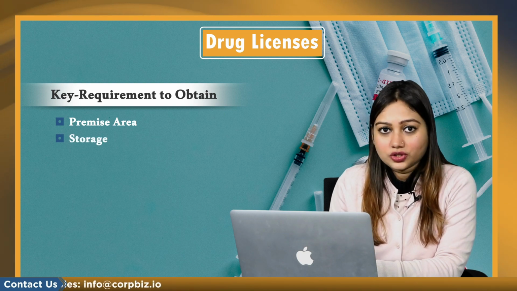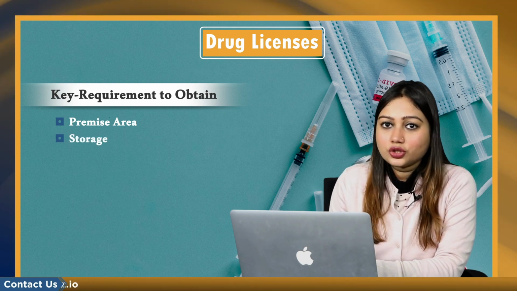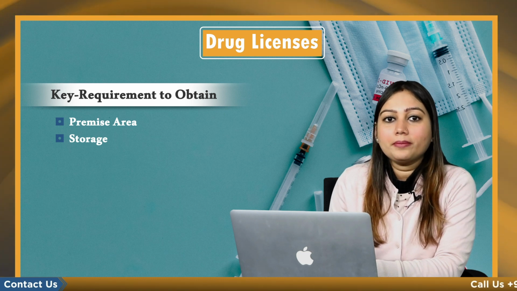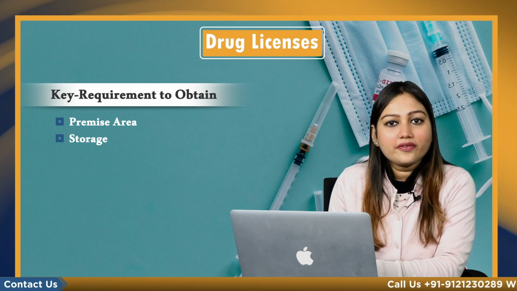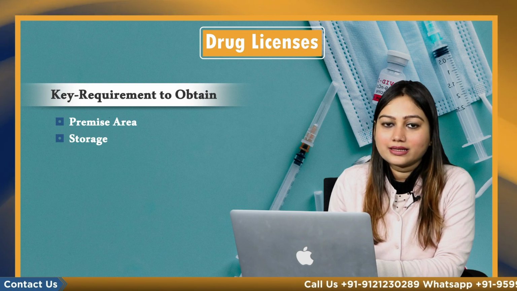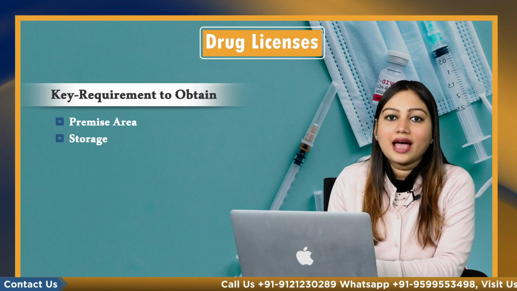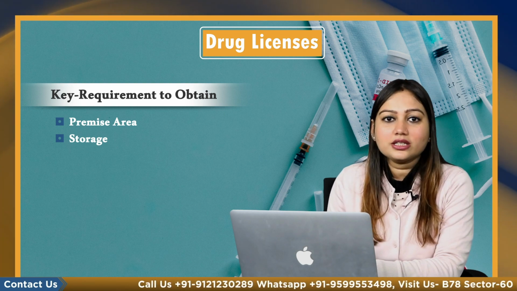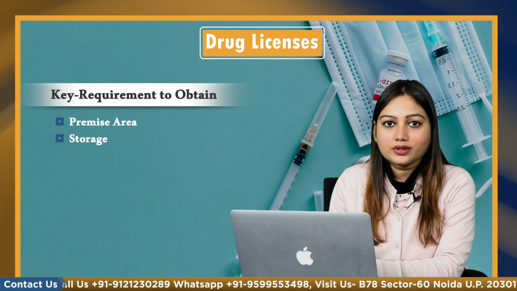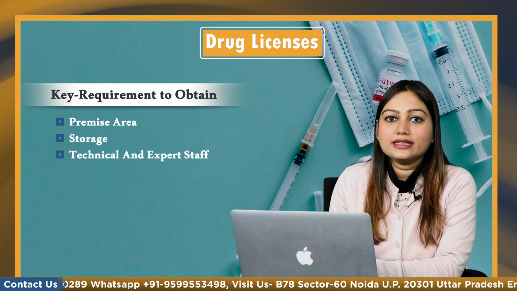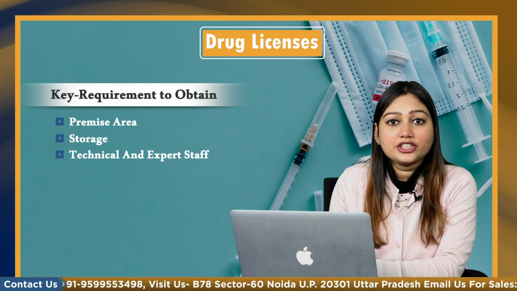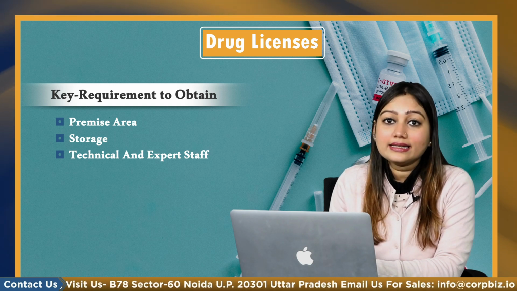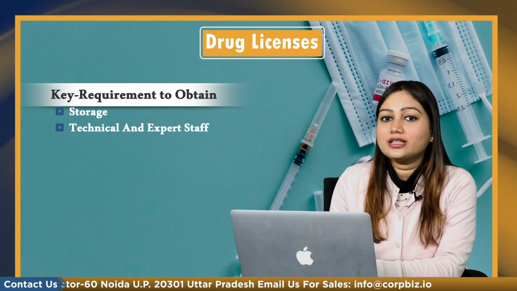Second is storage. A proper storage facility should be in place, with cold storage, refrigerators or similar arrangements for the storage of medicines and vaccines, as they shall be stored in cool places. Technical and expert staff. A retail pharmacy shall have qualified and technical staff with thorough knowledge of the same.